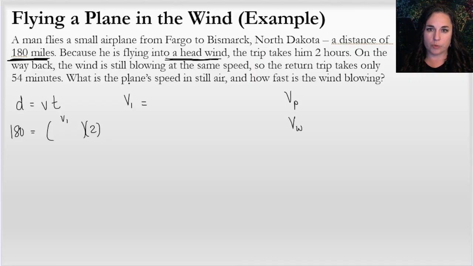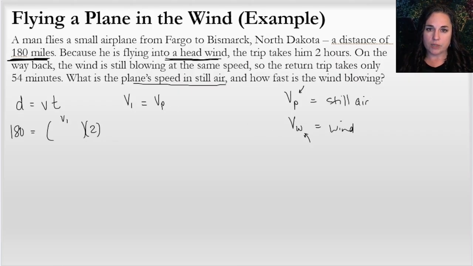It says, what is the plane speed in still air? So it seems like I'm trying to find the velocity of the plane, but I have this wind term in here that I don't know. So on the way there, the total velocity the plane can move is going to be the velocity of the plane in still air, and this is the wind.